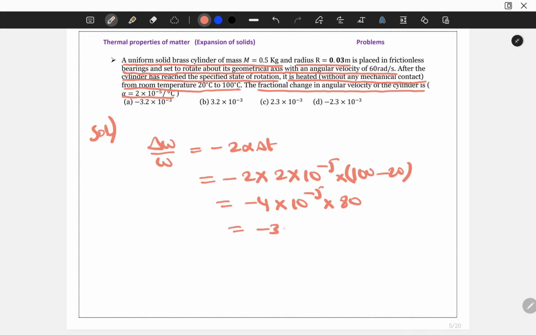So this becomes minus 320 into 10 power minus 5, that equals minus 3.2 into 10 power minus 3. So this is the fractional change in angular velocity of the cylinder. If you observe the options A, B, C, D, which option is suitable? Answer is A. So finally this is the answer.